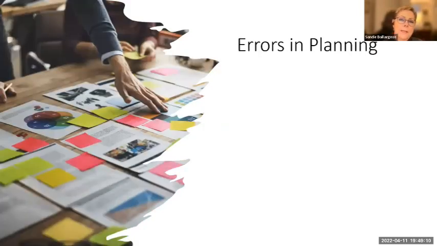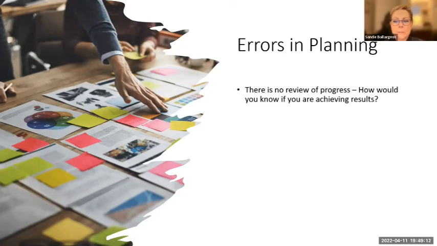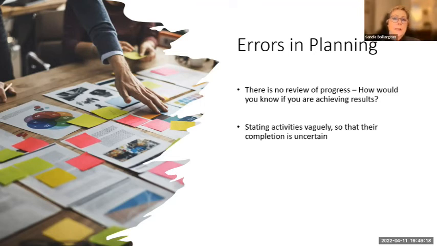Some errors that can be made is that there's no review of progress. So if there's no review, how would you know if you're achieving the proper results? Or stating activities too vaguely so that their completion is uncertain, because if they're not specific, they won't get done. If they're not measurable, they won't get done. So it's very important to be very clear and very specific.